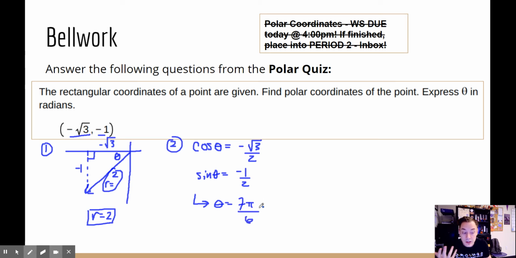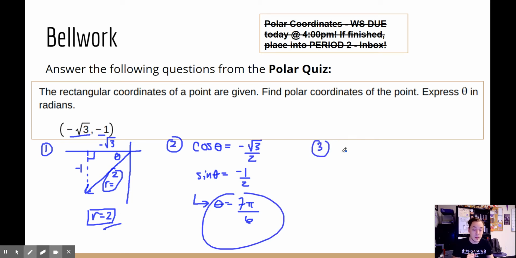I don't need to do my inverse tangent at all. I could, and I would still get this. But since this is a special angle, all I have to do is notice these are my cosine and sine values. So I take those values, peer at the unit circle, and boom, 7 pi over 6. So that's my theta. This is my r. My third step is to put them both together. My r is 2, and this is 7 pi over 6.